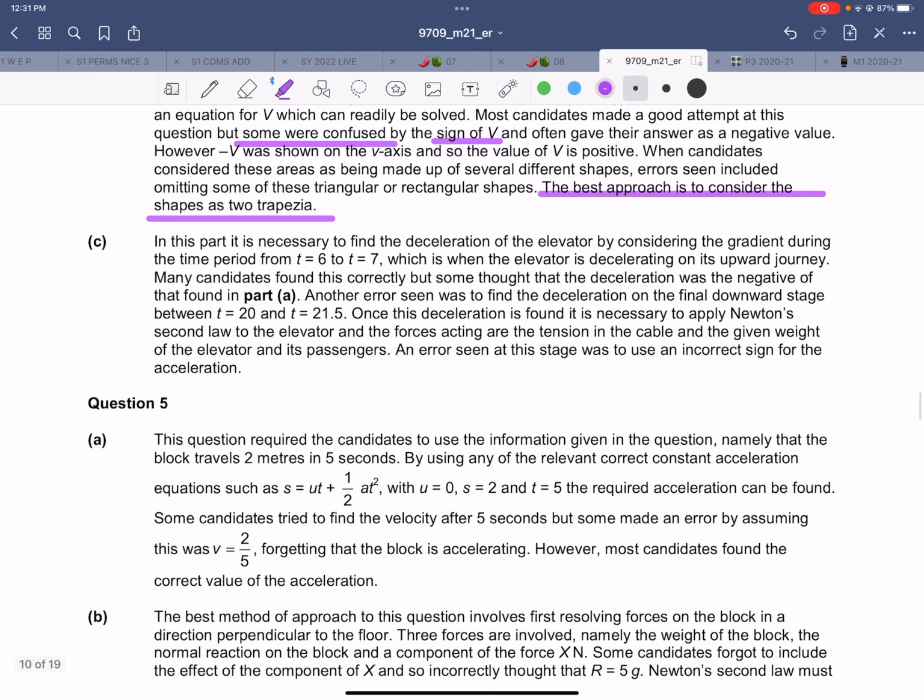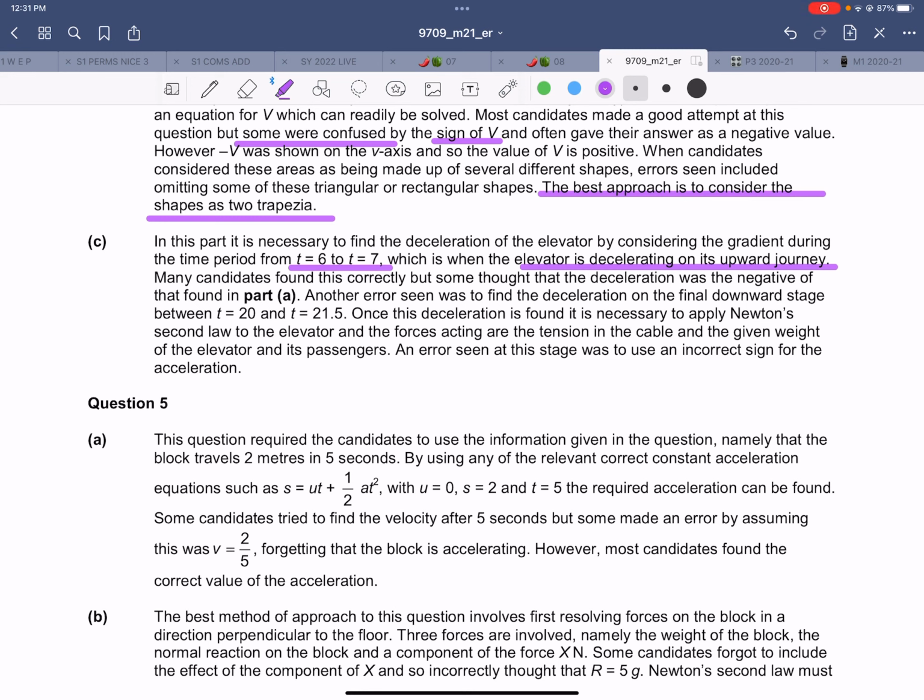Last part, in this part it is necessary to find the deceleration of the elevator by considering the gradient during the period 6 to 7 seconds, in which the elevator is accelerating on its upward journey. Many candidates found this correctly, but some thought that the deceleration was the negative of that part found in part A. Another error seen was to find the deceleration on the final downward stage.